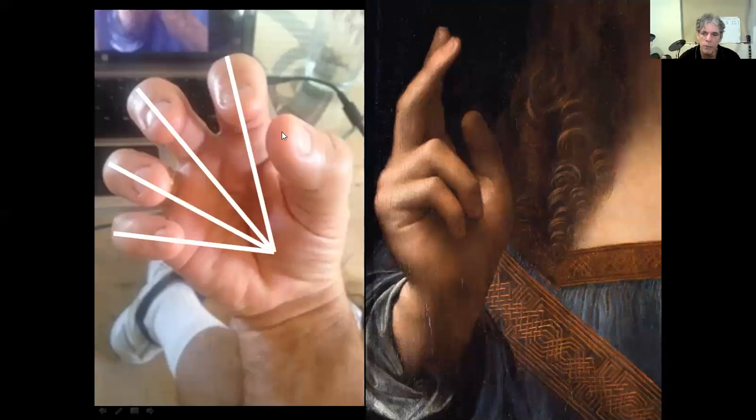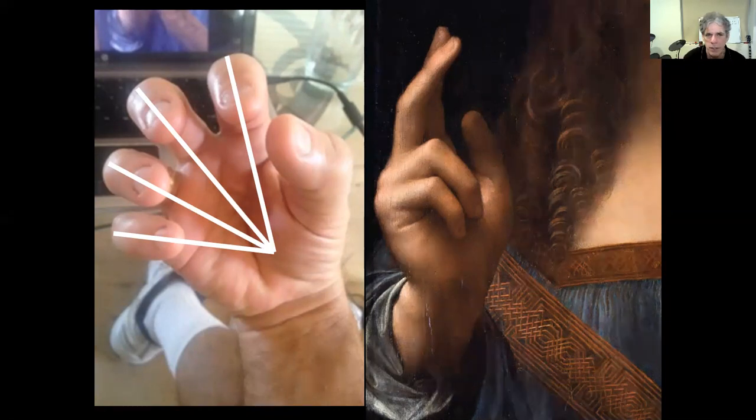It's also true that if you make a slow fist, the lines through your curving fingers will also intersect at a single point. Now they'll intersect at a different point, but it'll be a single point. And if you look at your own hand while you do this, you can kind of see what I'm talking about.